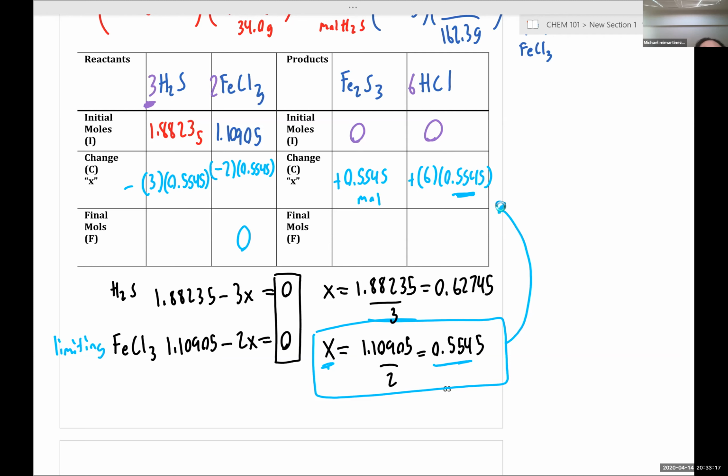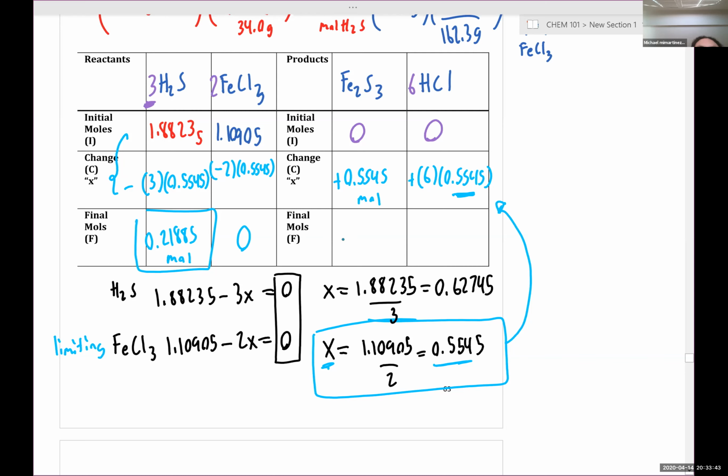So let's do this first expression here. So we're going to take 1.88235 minus 3 times 0.5545. And at the end, from our first change expression, we'll get 0.21885 moles left over.